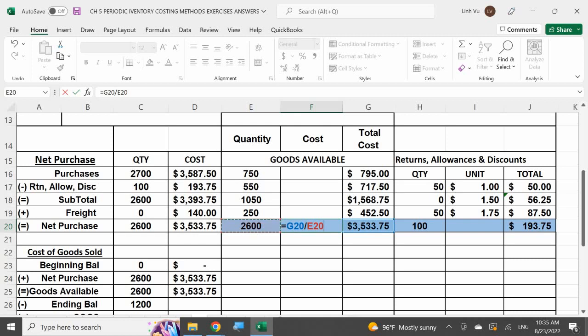And what is my average cost per item right now? $1.36.